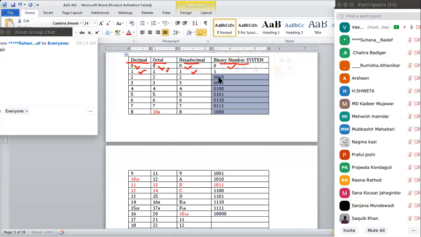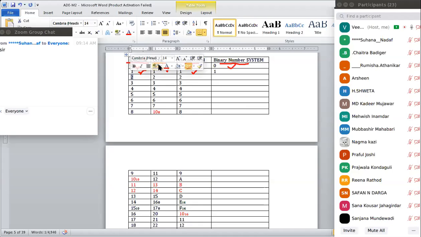Now, to denote only two digits, 0 and 1, in the binary system I have the same 0 and 1. Now when I go for 2 in decimal, the octal number is also 2, and in hexadecimal again it is the same 2.